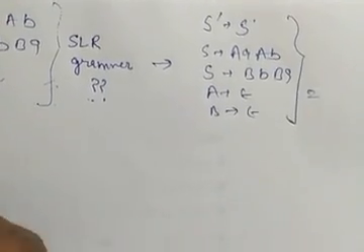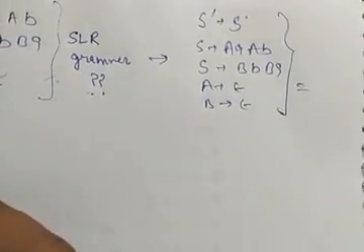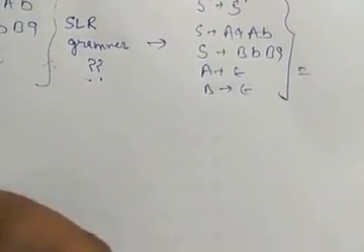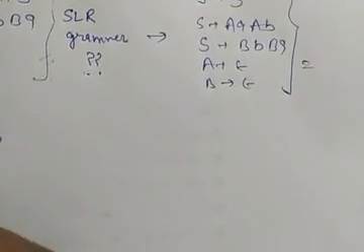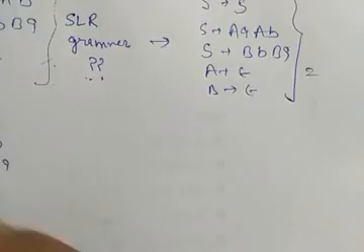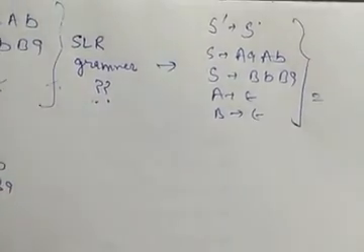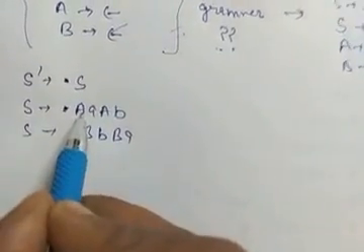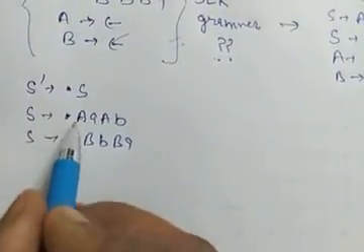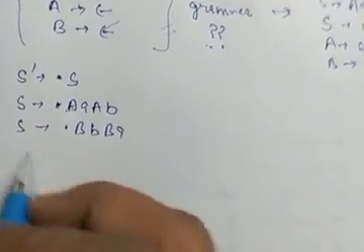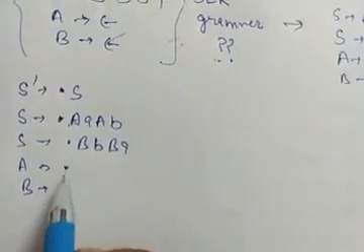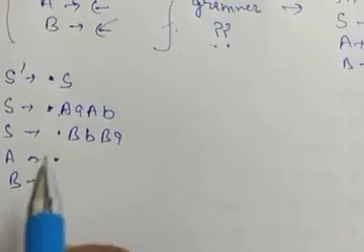So the first item will be S' to dot S. As after the dot there is a non-terminal, we will put all the productions of S, and likewise the productions of A. We have told you that for epsilon we put only a dot.